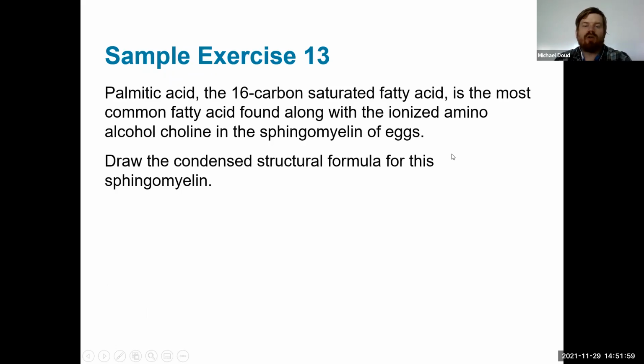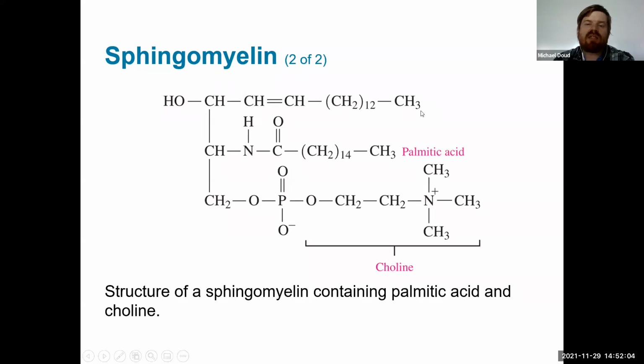Again, I'm not going to ask you to be drawing these sphingomyelins on the test. I just need you to be able to recognize them based on the structure that's drawn here. Here's your sphingosine backbone that you can use to identify it.